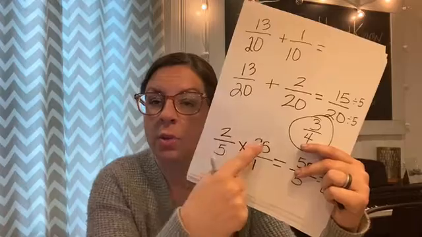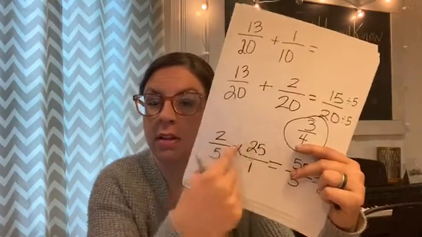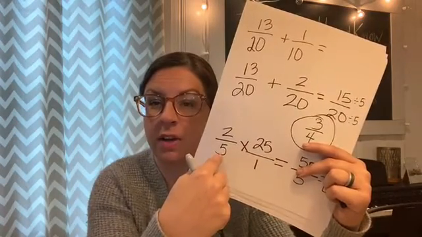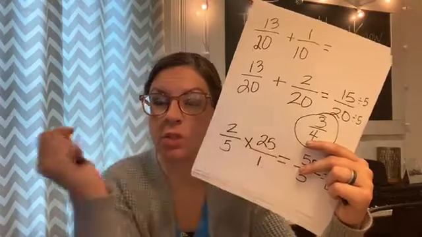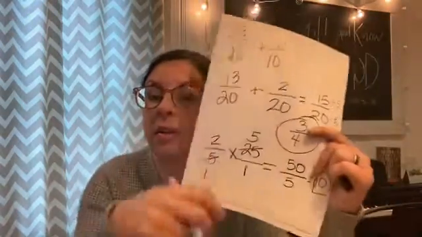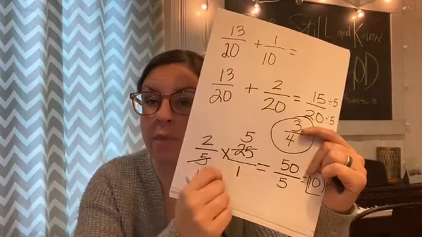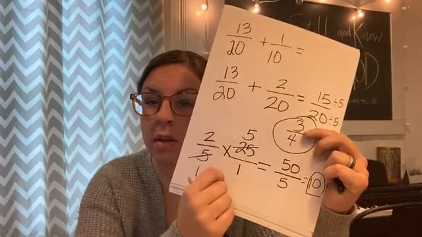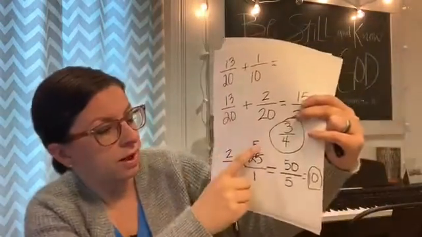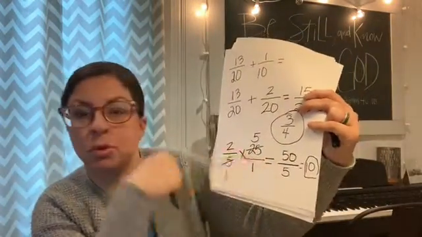So 25 and 5. 5 goes into 5 one time. 5 goes into 25 5 times. So now I can go 2 times 5 is 10. 1 times 1 is 1. So 10 over 1 is the same as 10.